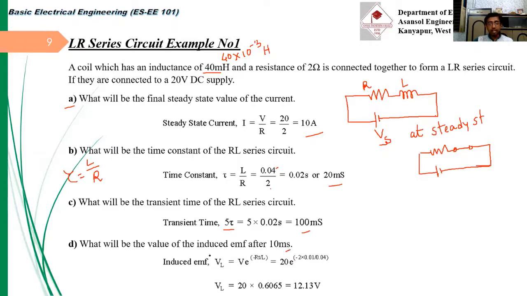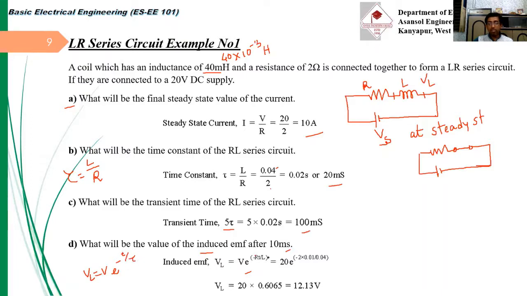That means we have to calculate how much voltage is generated across the inductor. So the VL value is V into e to the power, since this is our charging circuit, minus t by tau.